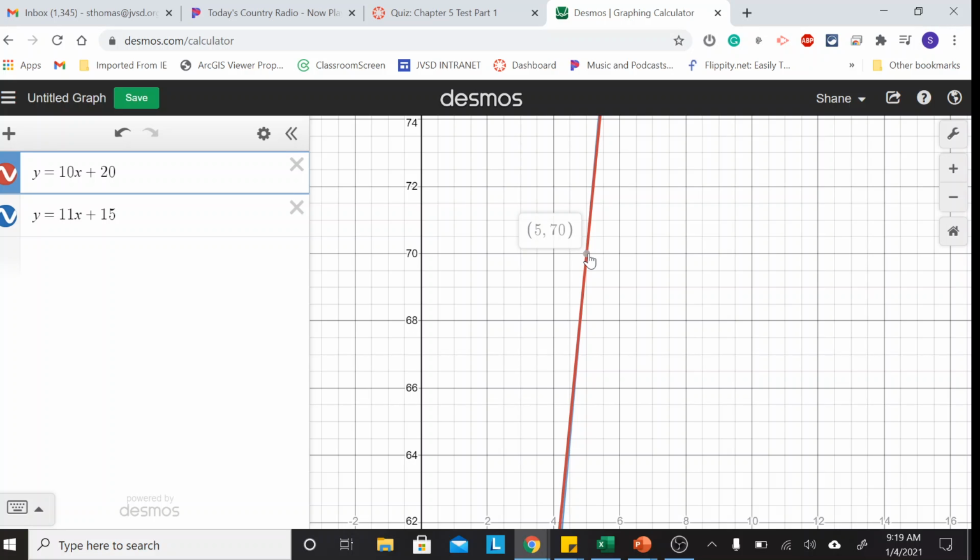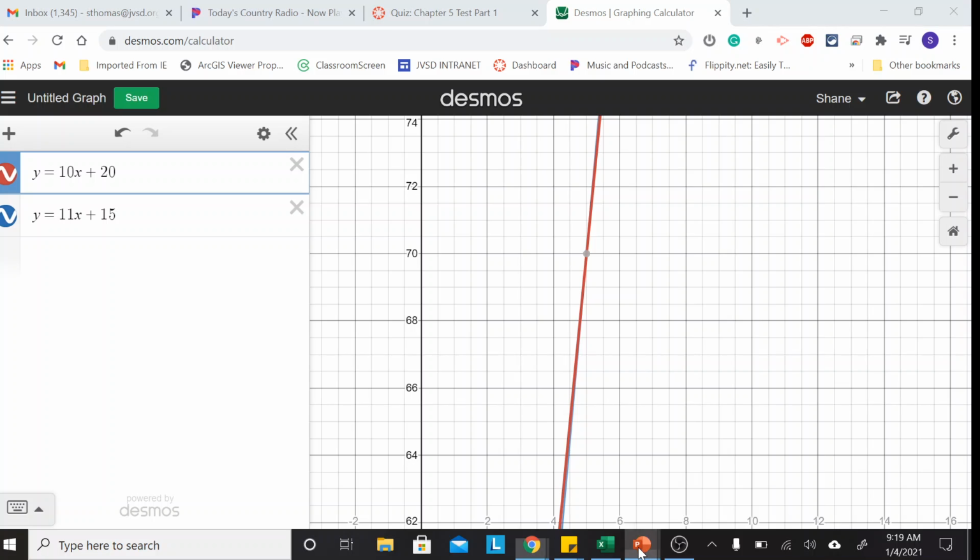Another 10 bucks. This one here would cost you $81. See the difference there? That means after 5 months you both paid 70 bucks no matter which plan you had, then you can make some inferences after that.